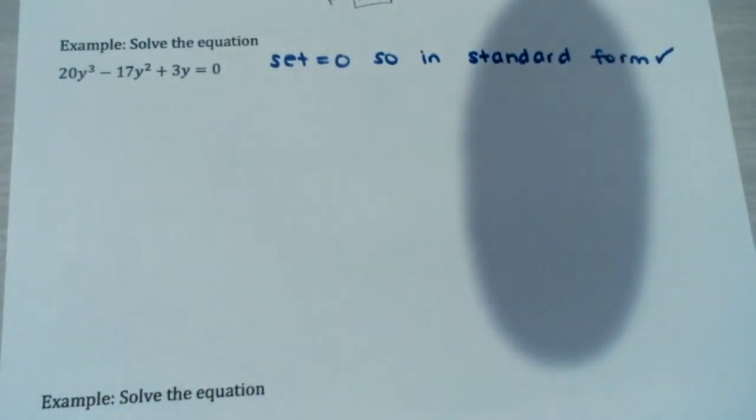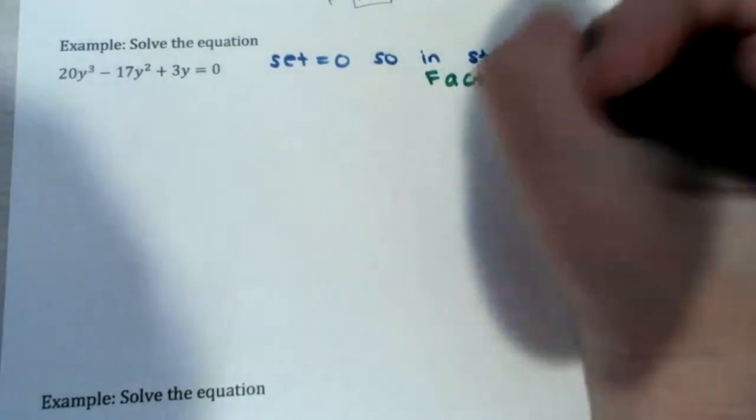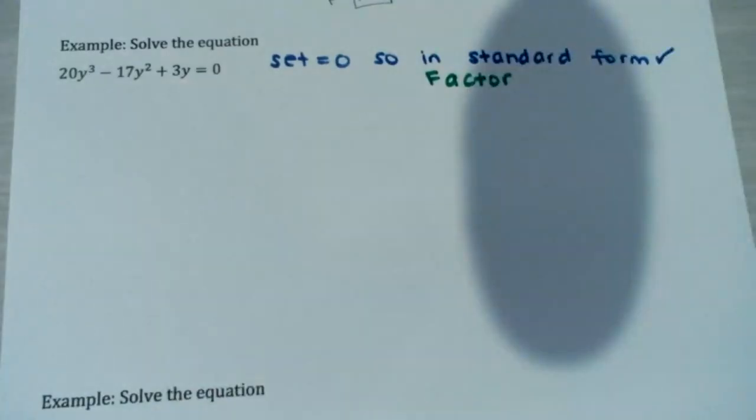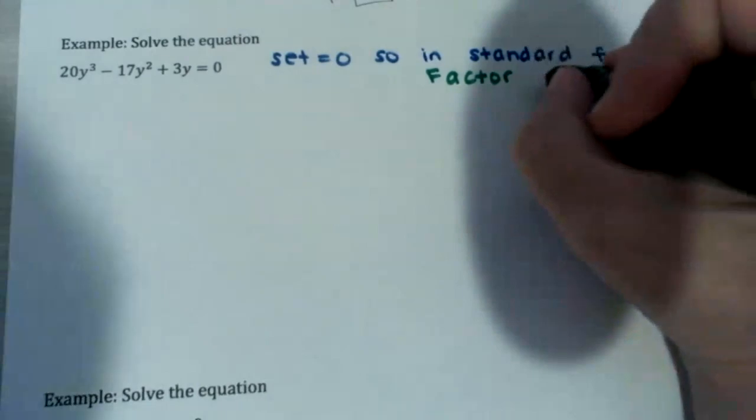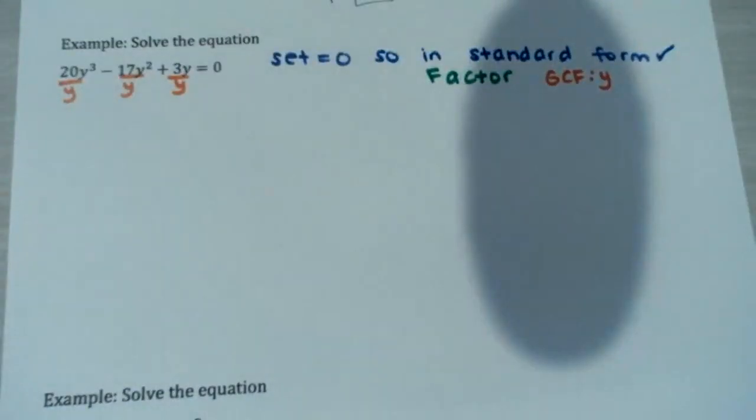Because it's in standard form, we can go ahead and try to factor. Our first step in factoring, no matter what, is GCF. Looking at 20y cubed plus 17y squared plus 3y, they all have a y in common. So we have a GCF of y, and I can factor out a y from all three terms.